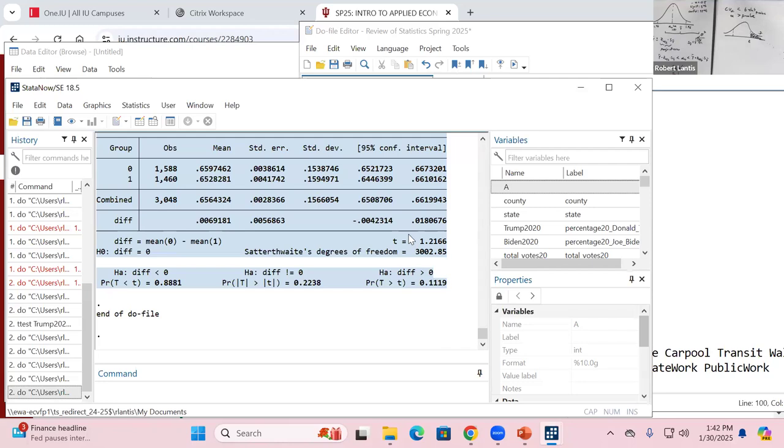So the code is not a complete answer, because you then need to look at this output and tell me the reason why there isn't a difference is because the p-value is greater than our benchmark. So you don't have to copy and paste the output, but when I'm asking you a question about the output, you need to give me a response to that.